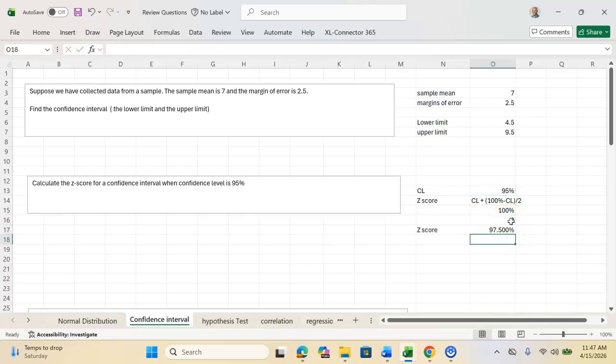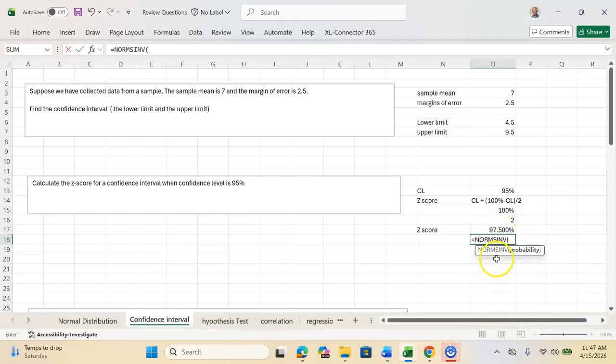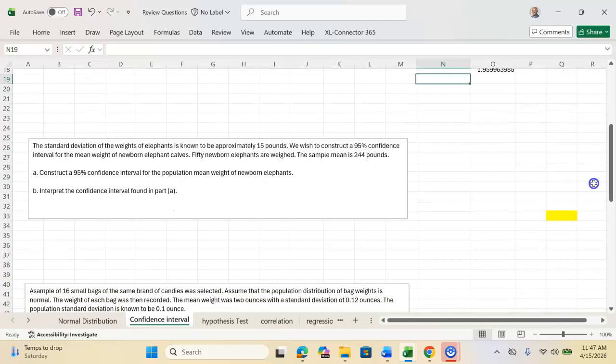If you enter, we have 97.5, and to get the z-score, we're going to use NORM.S.INV. We click on this probability, close the bracket, and so we have our z-score as 1.96. Since we were supposed to find the z-score, that's all. Let's see the other question.